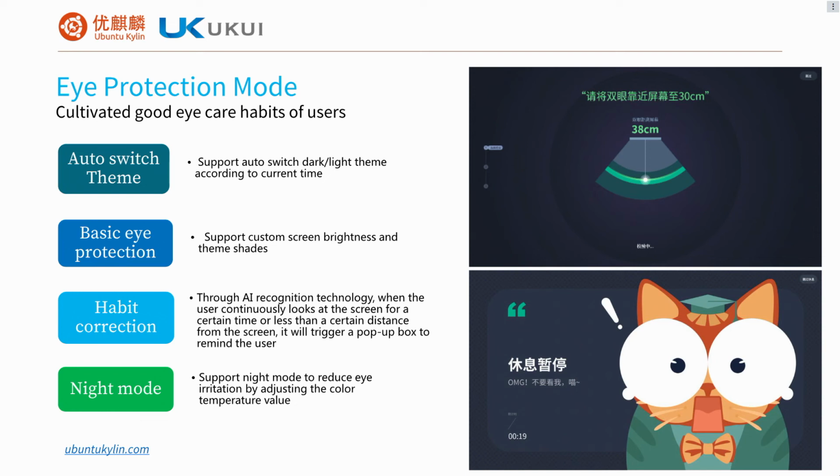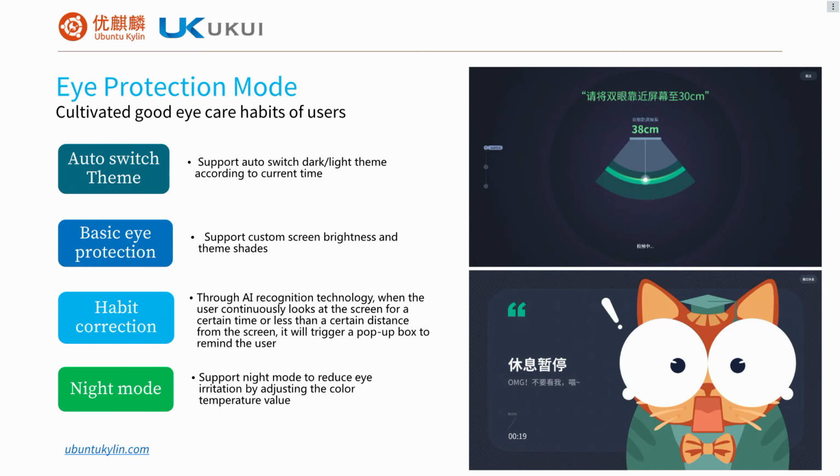And I think one of the most useful features is the eye protection mode. It supports adjusting the screen brightness, color temperature, and other elements according to the time and the user's needs.